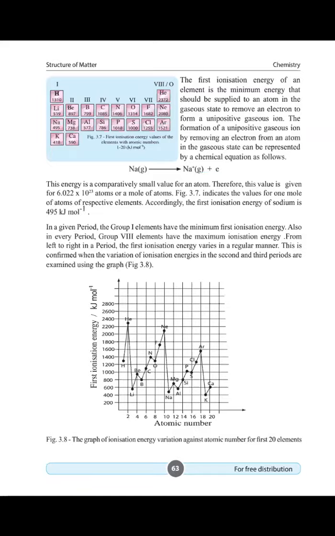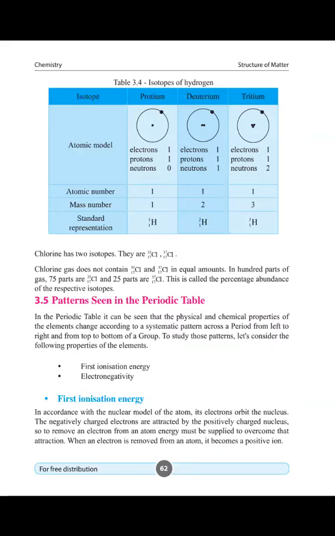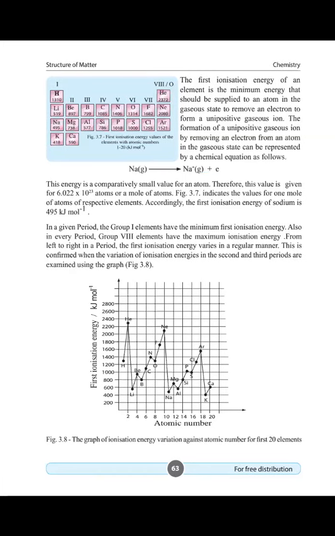So the first ionization energy of an element is the minimum energy that should be supplied to an atom in the gaseous state to remove an electron to form a unipositive gaseous ion. You should remember this definition very clearly.